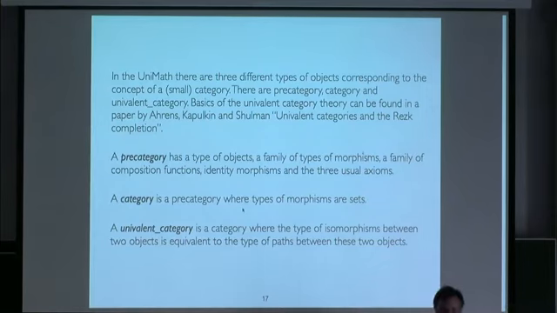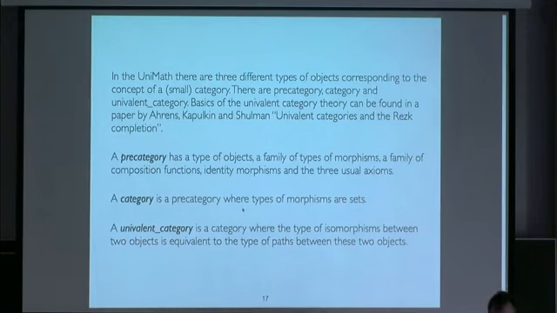But they are not generally categories in this sense. So pre-categories appear in other parts of mathematics, and they do not necessarily correspond to categories. So a category is a pre-category where types of morphisms are sets.